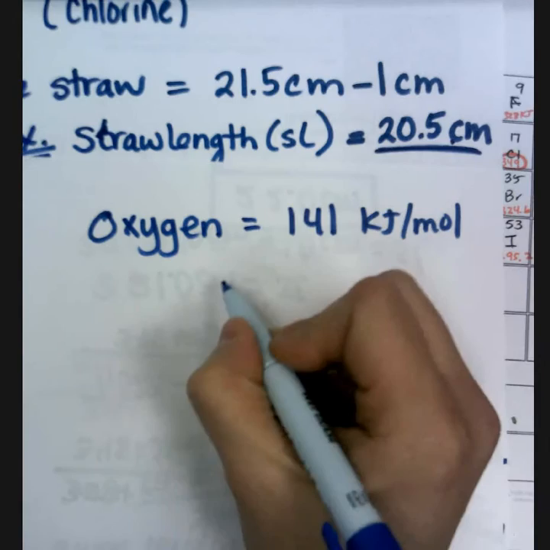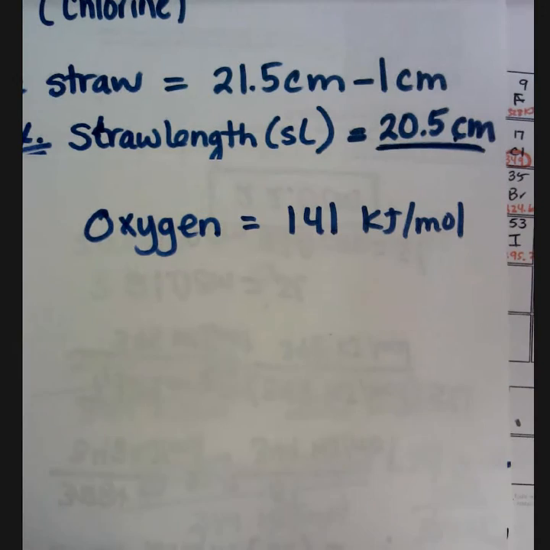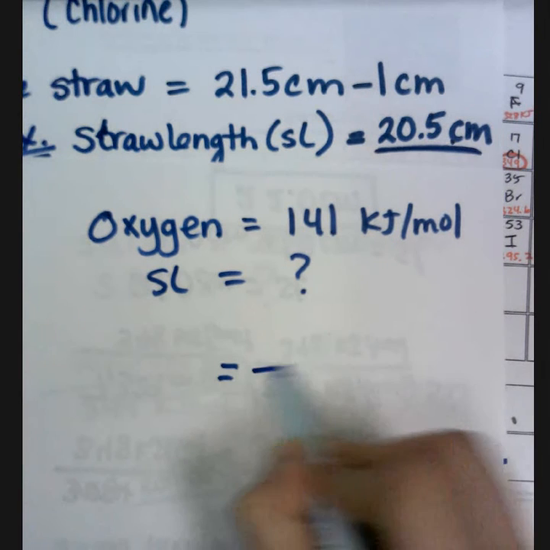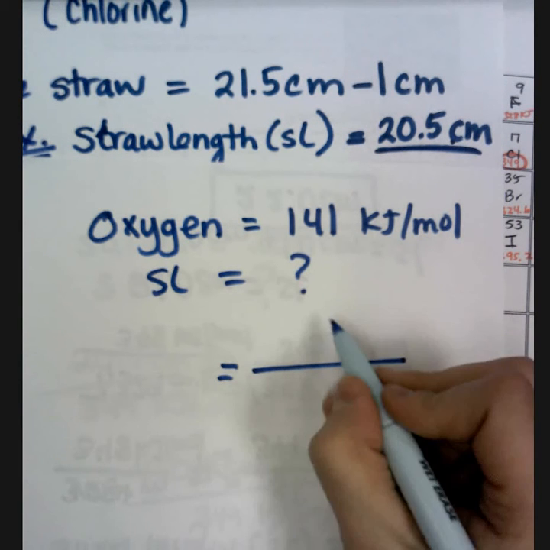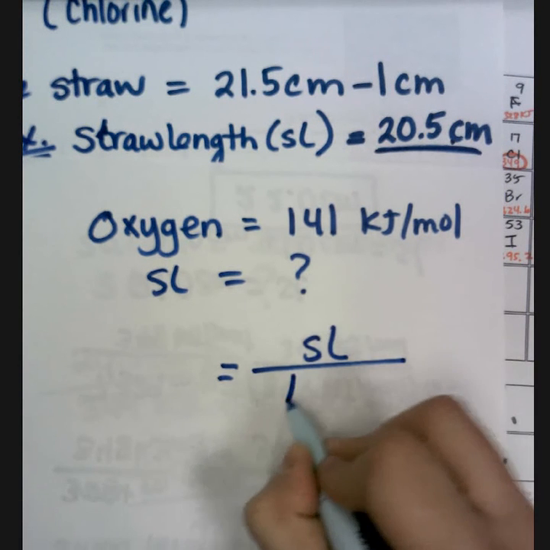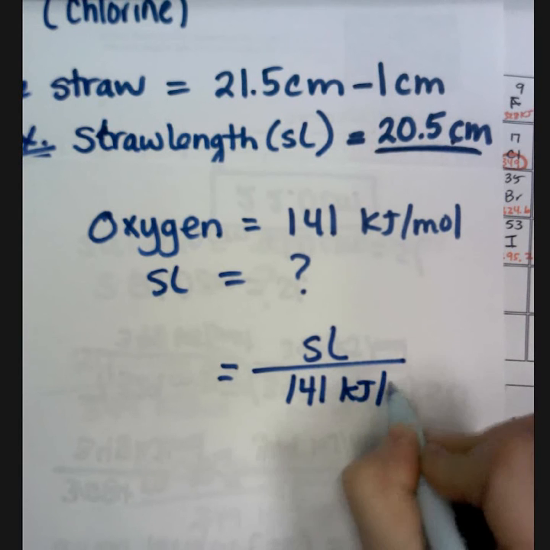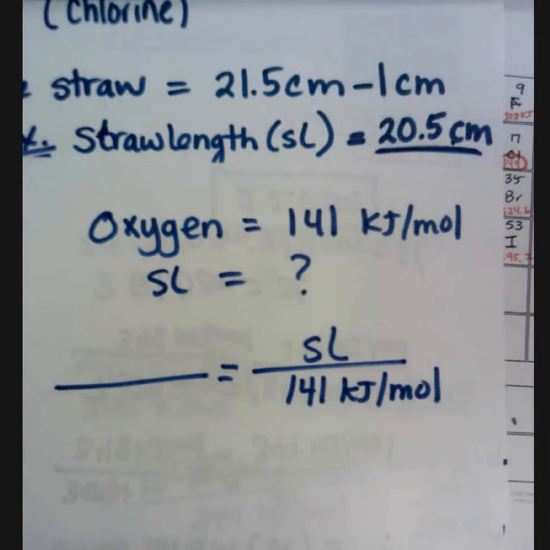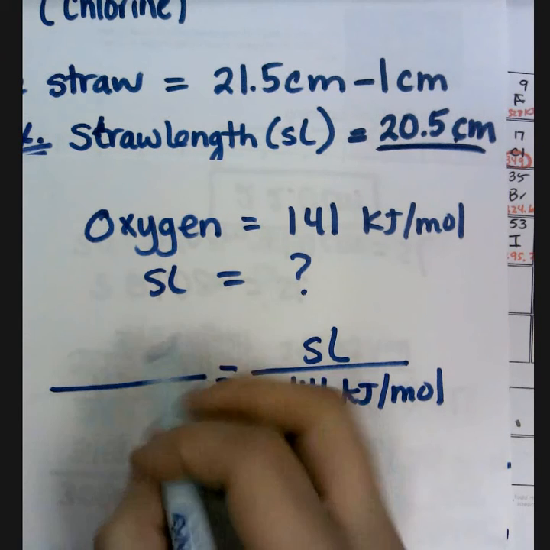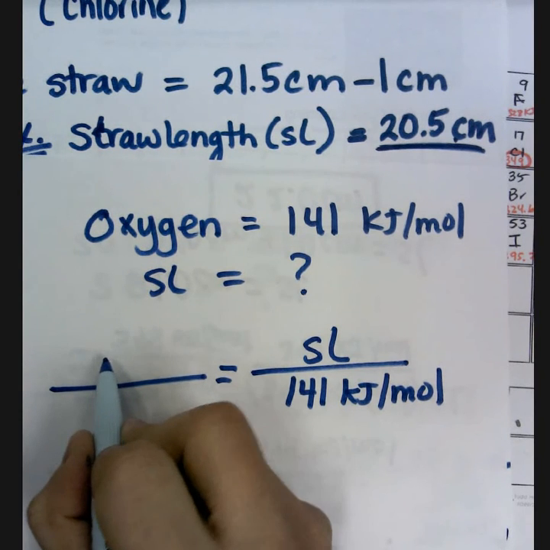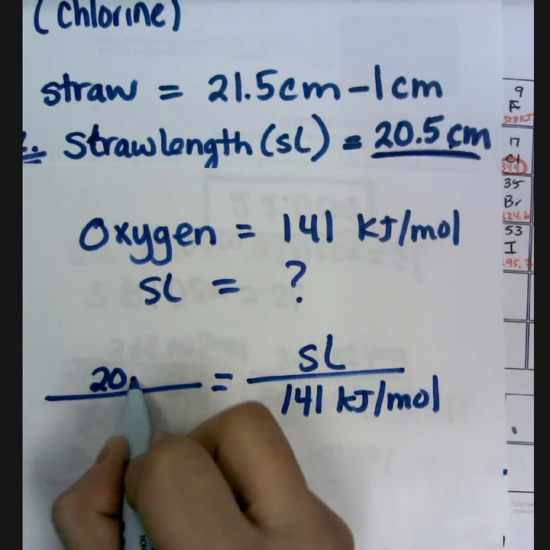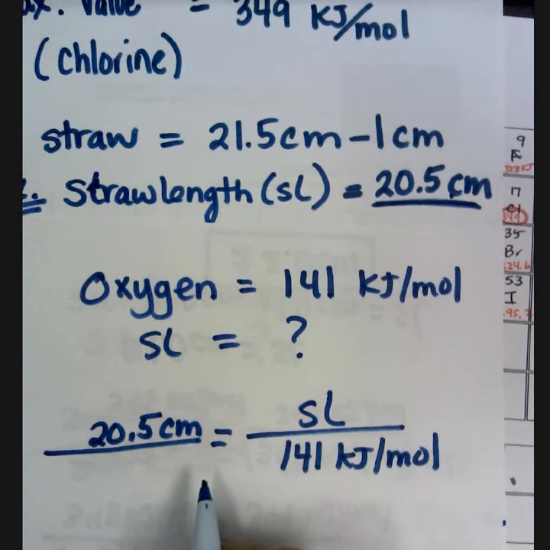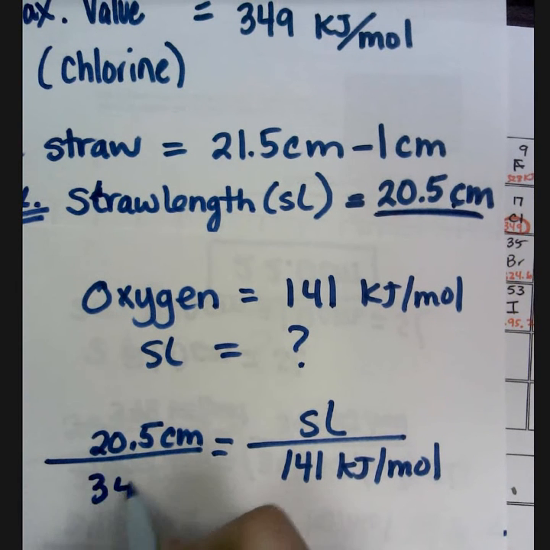Then we're going to find the straw length for oxygen. We'll set it up the same way. We put straw length, that's what we're solving for, over 141 kilojoules per mole. Then we put our maximum values: our maximum straw length was 20.5, and the maximum value was 349.